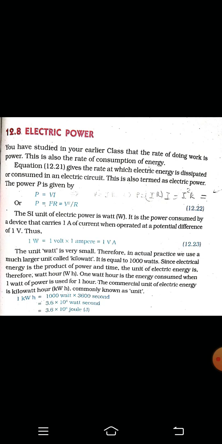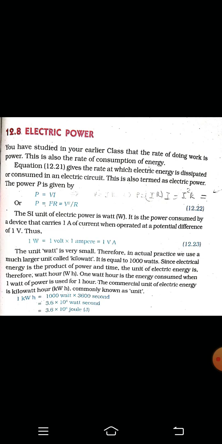And 1 kilowatt hour is equal to 1000 watt multiplied with 3600 seconds. Why? We have converted hour into seconds. So that gives us 3.6 into 10 raised to 6 watt second. That gives us 3.6 into 10 raised to 6 joule. So 1 unit is equal to 1 kilowatt hour is equal to 3.6 into 10 raised to 6 joule.